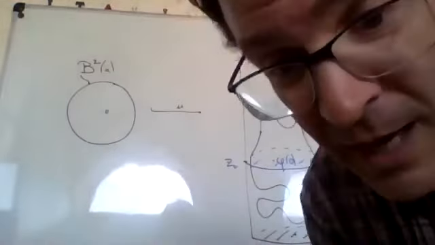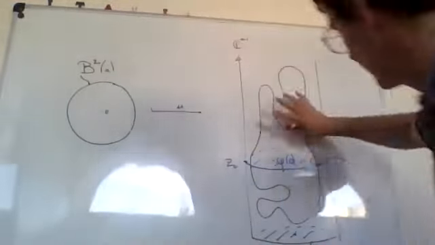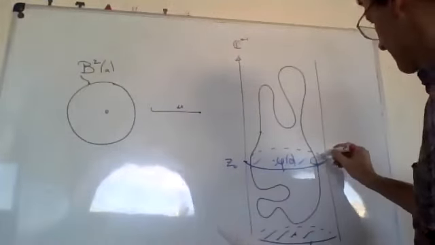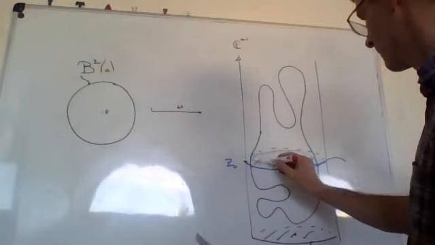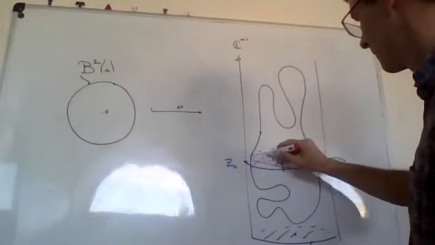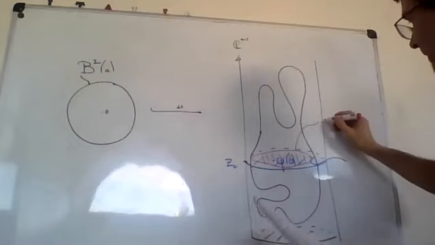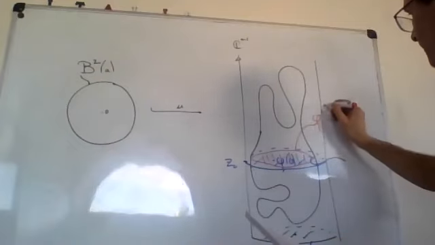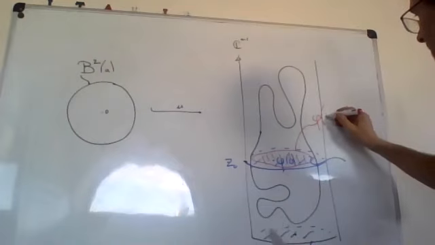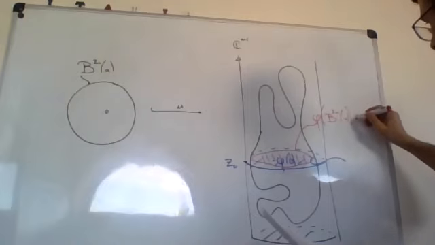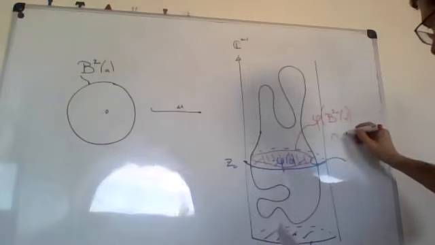So the image of my full ball here intersects this disk somewhere. Looks maybe like this. So this set is the image of the ball intersected with this disk.